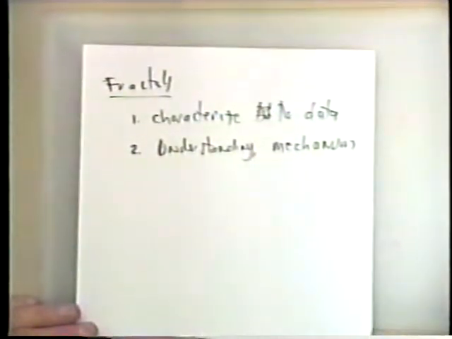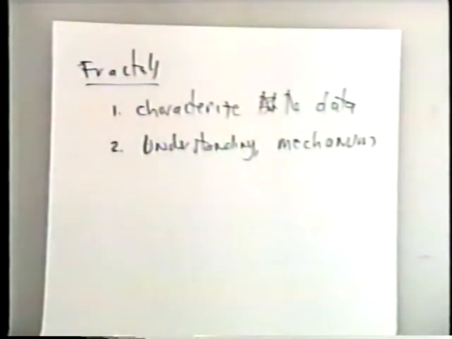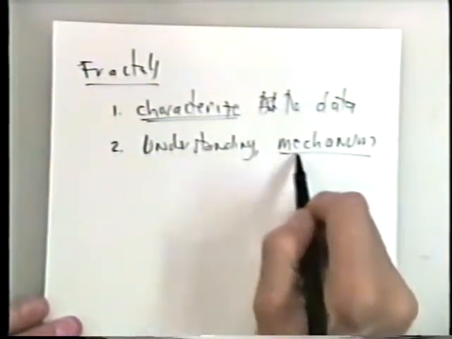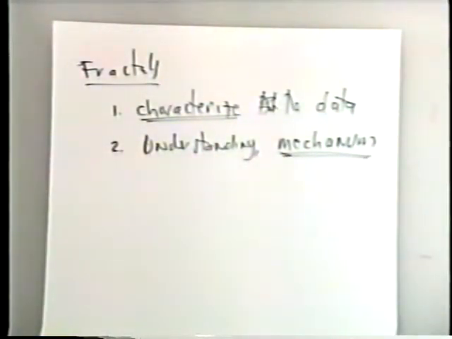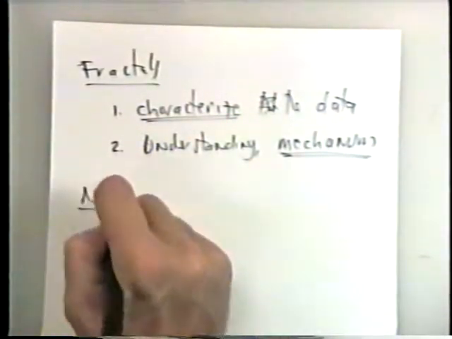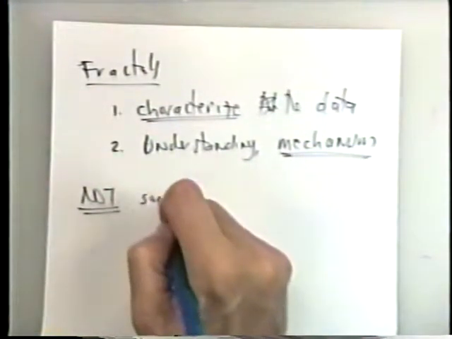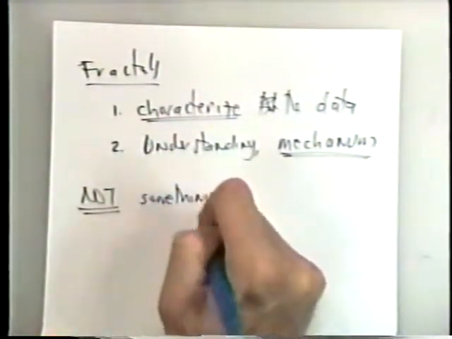And that's the crucial point, not whether the scaling goes on for an infinite amount of time or over a very, very large range. It's whether it's a good way to characterize the data and whether it leads us to some understanding or hints about mechanism.